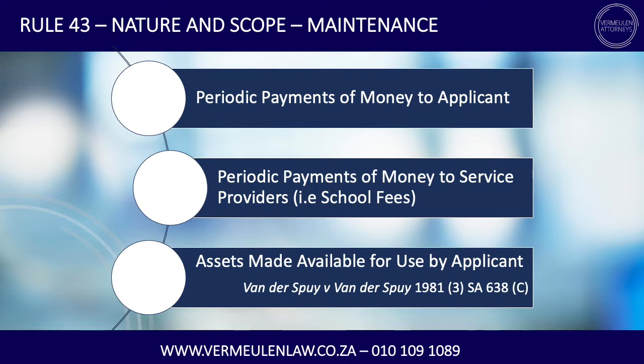Number 3, assets can be made available for use by the applicant. And that is Van der Spy versus Van der Spy, 1981. It is a reported judgment that you can refer back to. Those really are the 3 types or the 3 subspecies of maintenance that one finds under a Rule 43 claim.